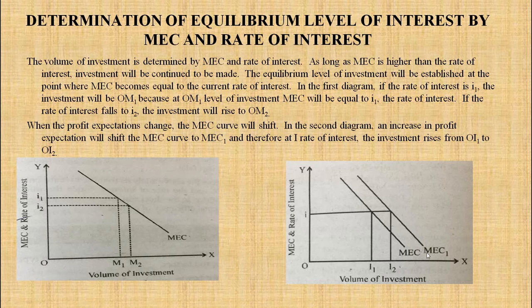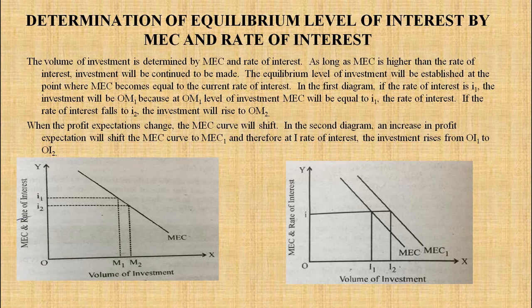See, from MEC to MEC1, and therefore at the same rate of interest, the investment is rising from OM1 to OM2. So this is what you have to write about the determination of equilibrium by MEC and rate of interest.